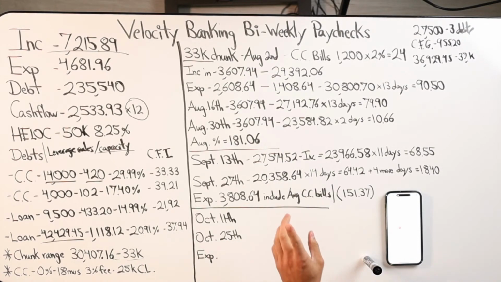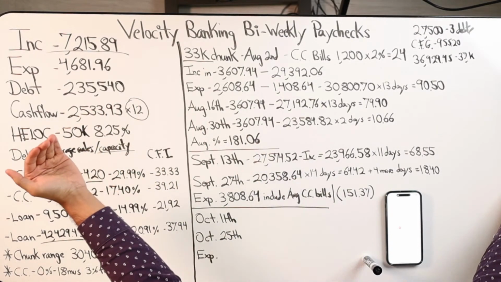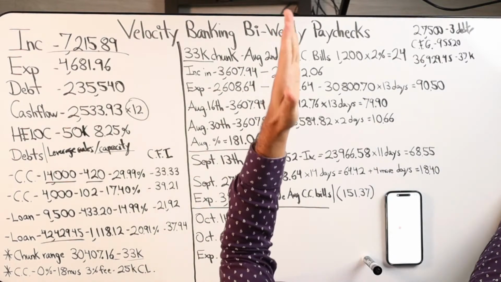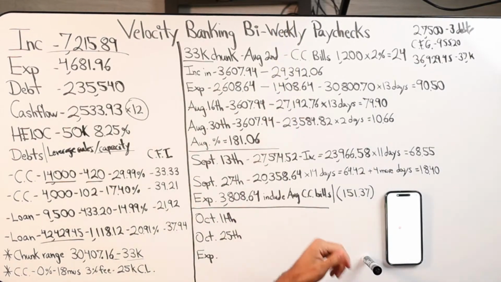All right. So we got the chunk money coming out on the same day I get paid. This is another standard guideline, not necessarily a law, but a very, very healthy standard guideline.